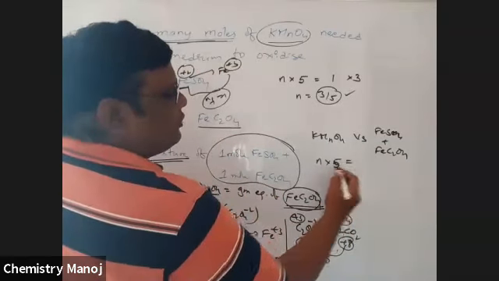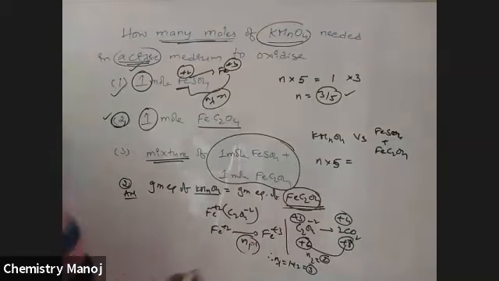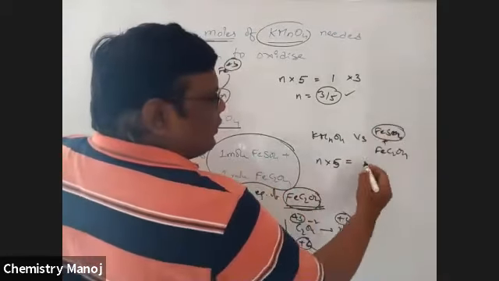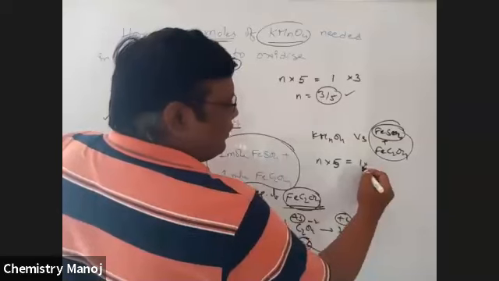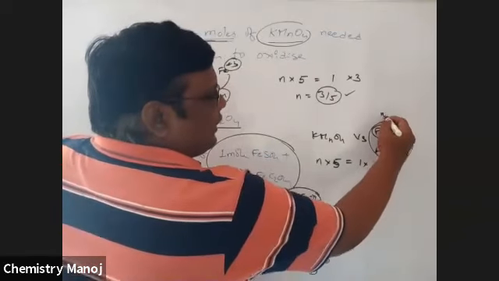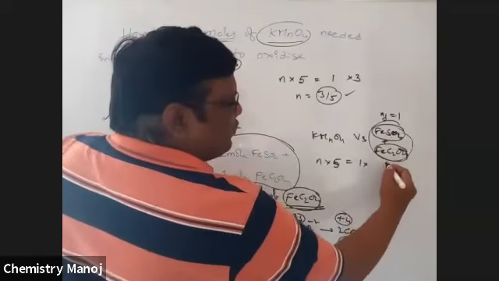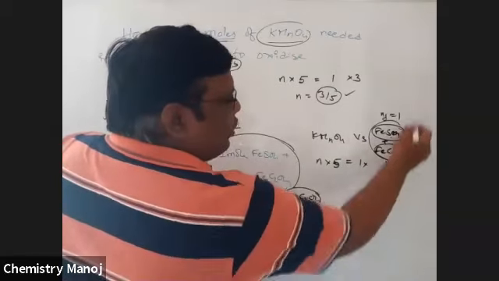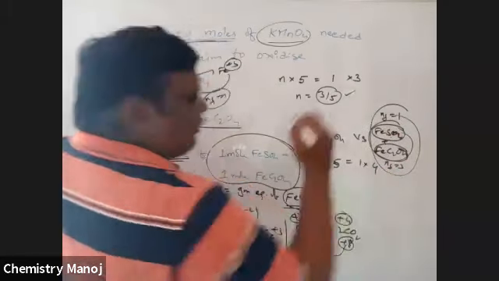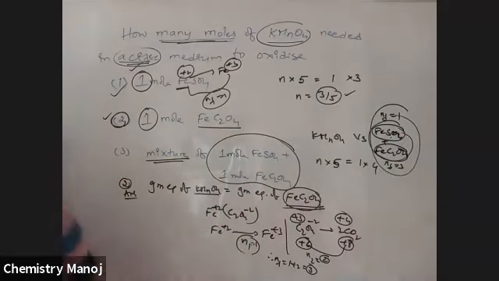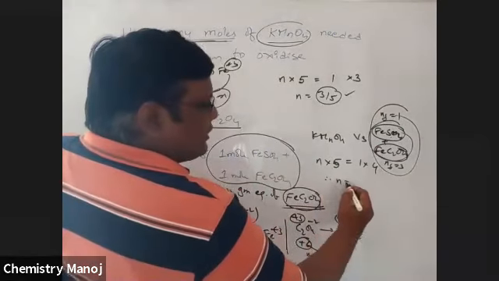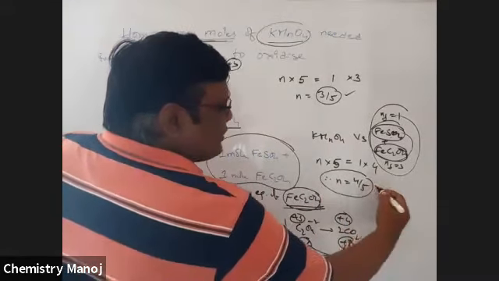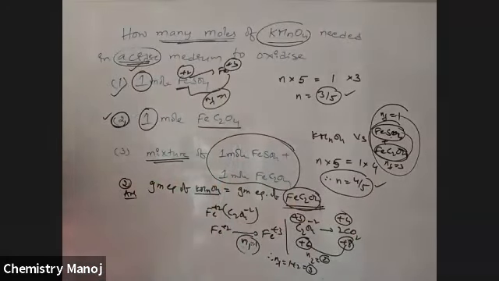For FeSO4, n factor is equal to 1. For FeC2O4, n factor is equal to 3. Altogether, the total n factor is 1 plus 3, that is 4n. Therefore, here n is equal to 4 by 5 is the answer.